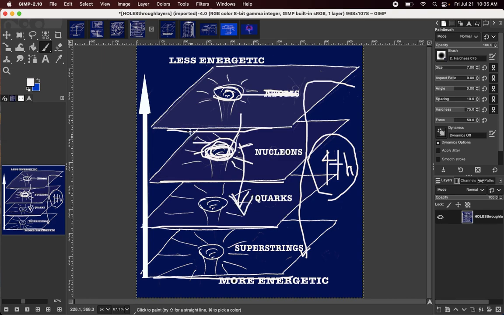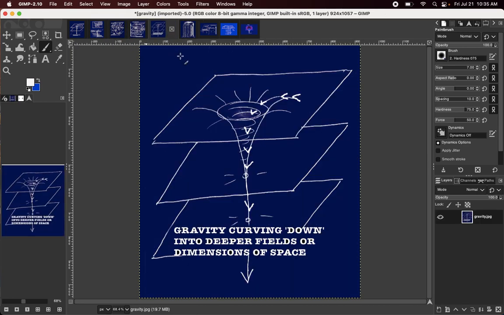But these fields aren't just lower and higher as an analogy. They are literally lower and higher within the deeper dimensional fields of a multi-dimensional greater universe.